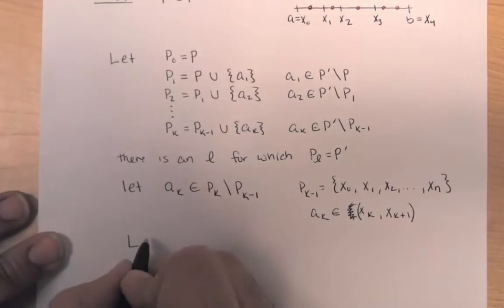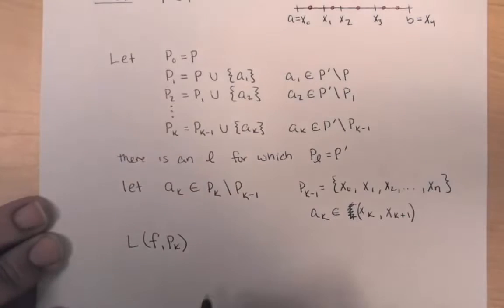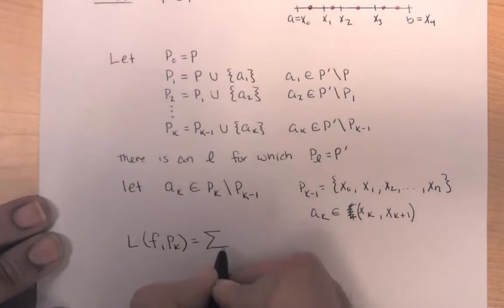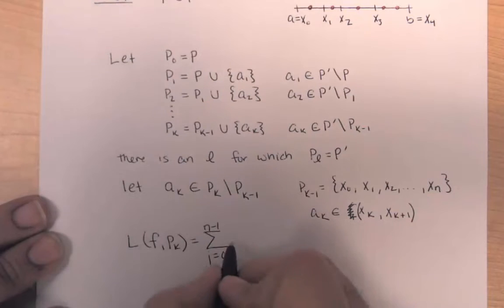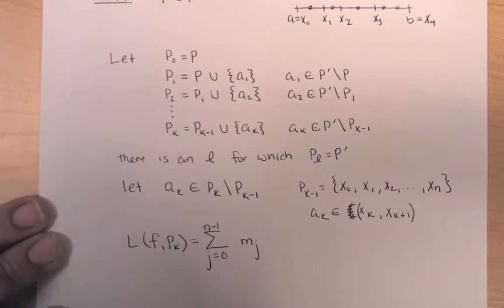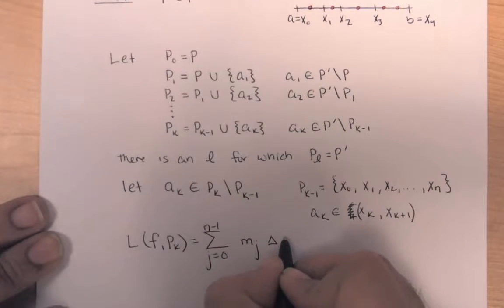So the lower sum of F over PK is, right, the infimum over the subinterval of F times the width of the subinterval.